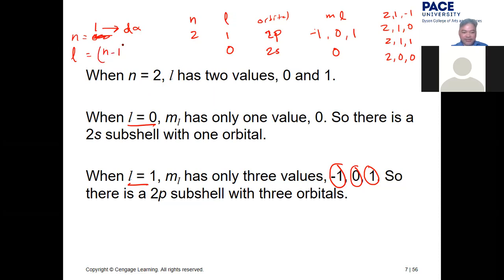So whatever the value of your n, you can have different values of L, from 0 to n minus 1. So if n is 1, n minus 1 is 0, then you only have 0 as the value. And then m sub L just depends on negative L, 0, and positive L. Now this is enough to give you an orbital.